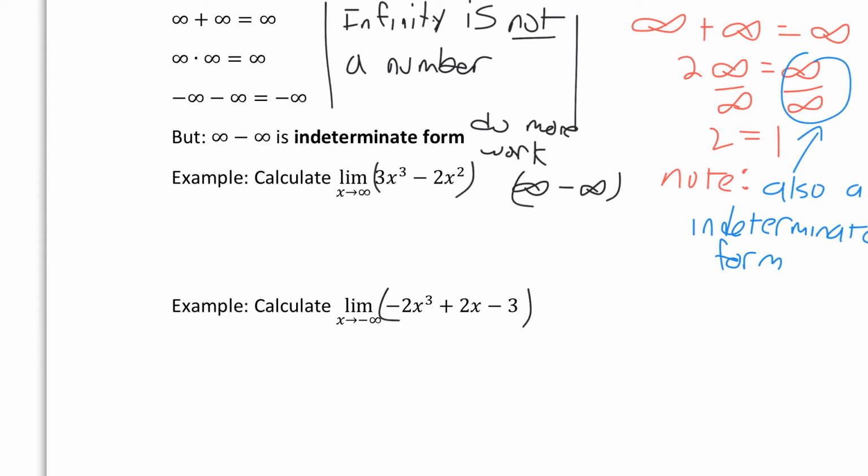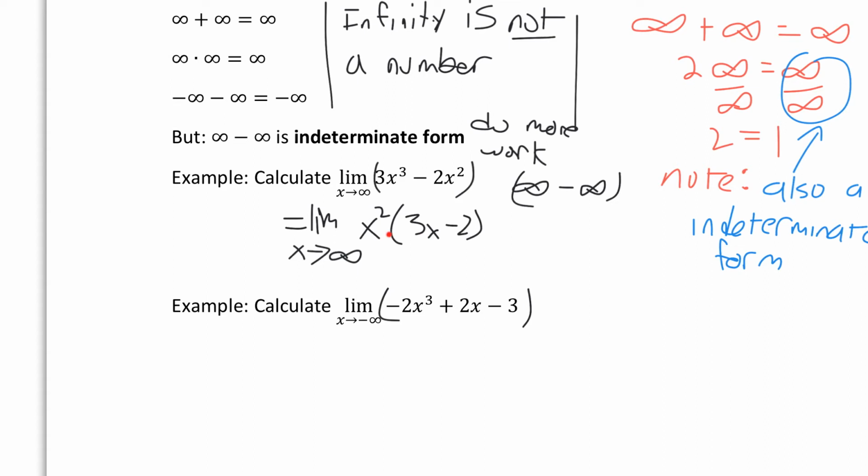Well, hopefully you're seeing it. We could go ahead and factor out a power of x. Well, in fact, we could factor out x squared. That'll leave us with 3x minus 2. Now here we go. x squared is going to be infinity. 3 times infinity is infinity, and infinity minus 2 is definitely infinity.